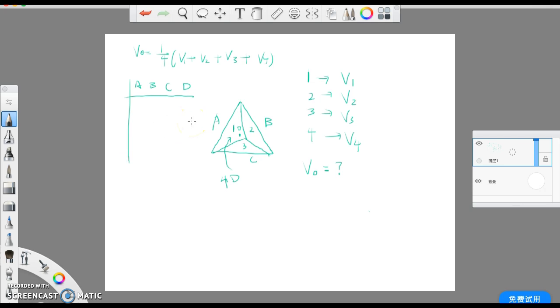Initially face 1 corresponds to position A, face 2 corresponds to position B, and 3 and 4 correspond to C and D respectively.